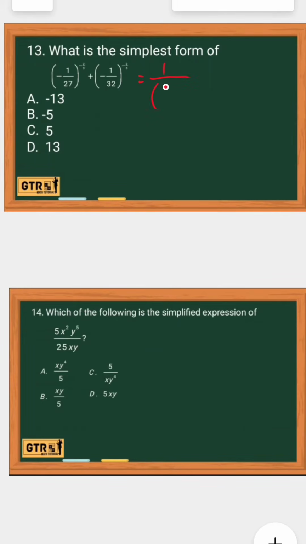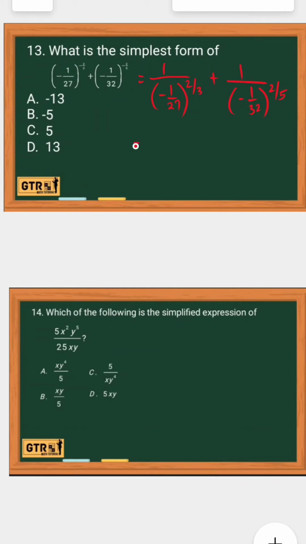Okay, so we have negative 1 over 27 raised to, positive na siya, 2/3, plus 1 over negative 1 over 32 raised to, positive na rin to, 2 over 5.